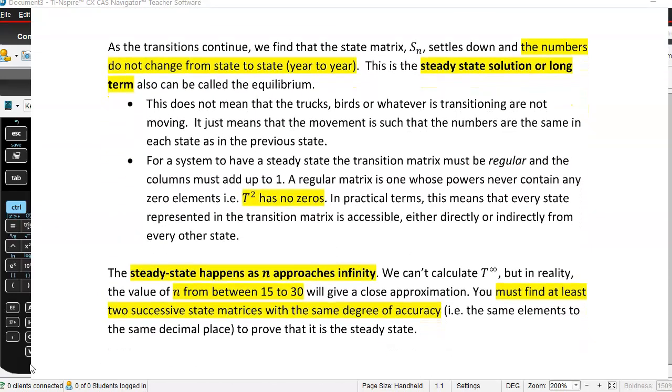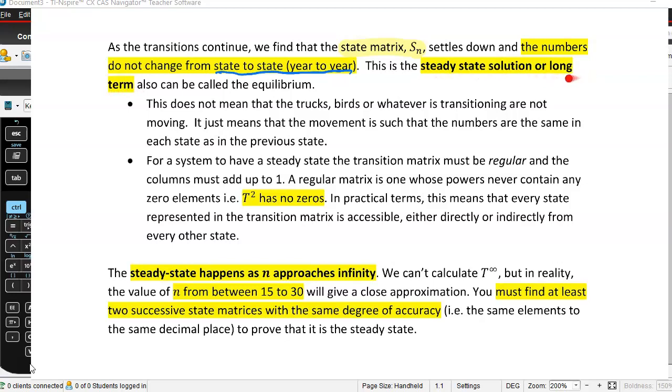As the transitions continue, we find that the state matrix Sn settles down and the numbers do not change from state to state, year to year. They don't change. This is what we call the steady state solution, or long term. They're fairly interchangeable.